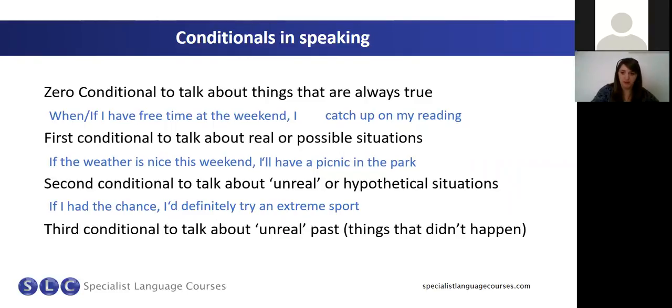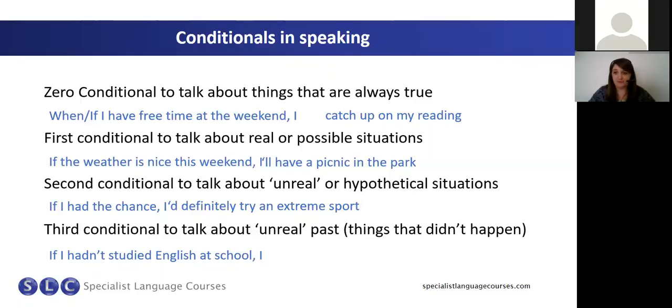Okay. Now, coming on to the third conditional. Now, remember, we're talking about things that didn't happen, the unreal past. So if we look at the beginning of our sentence, if I hadn't studied English, this is the unreal situation. The real situation is that you did study English.